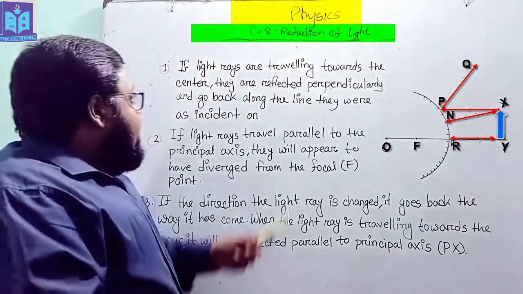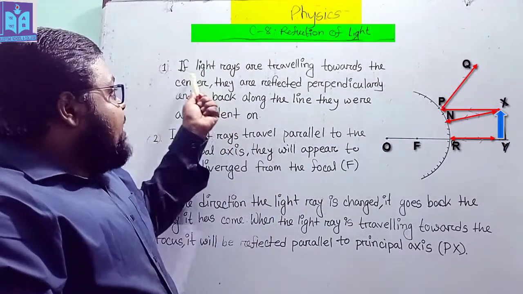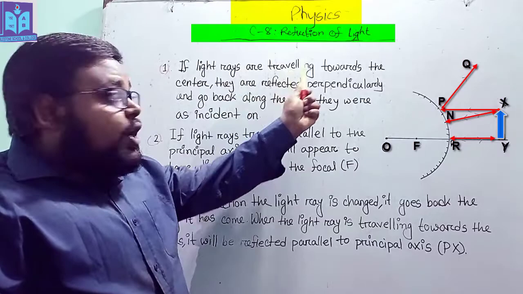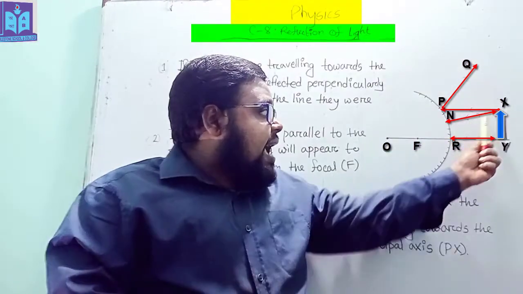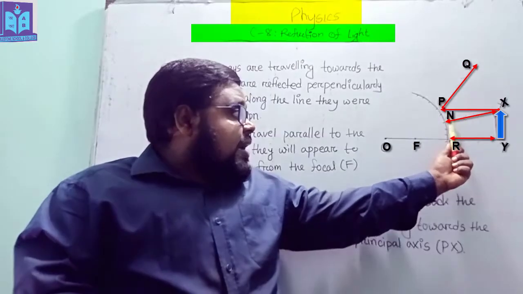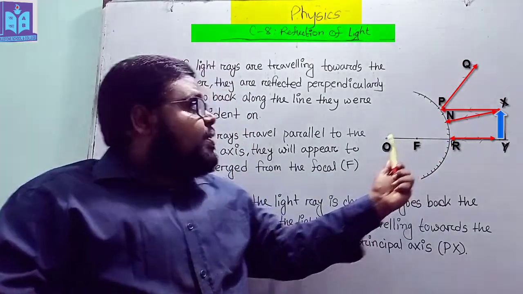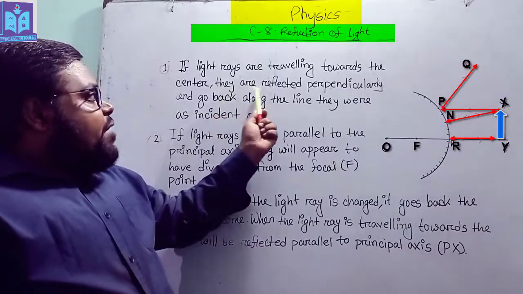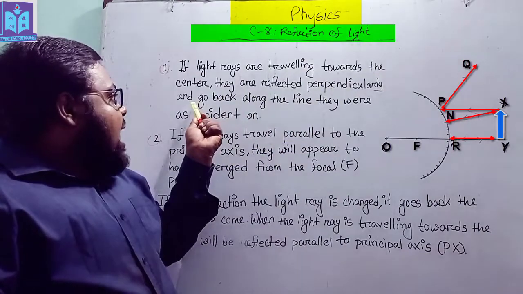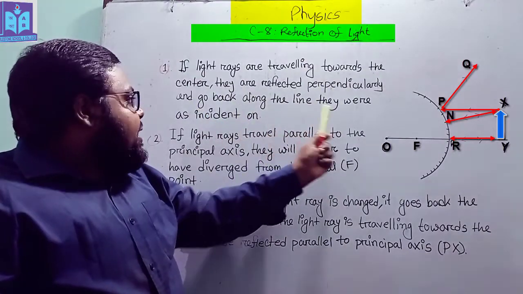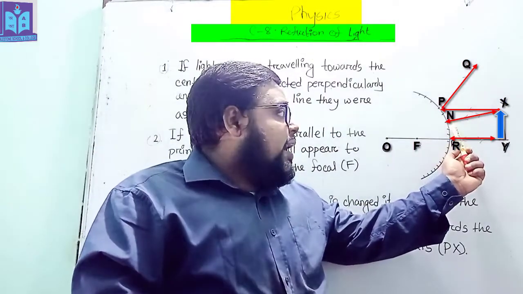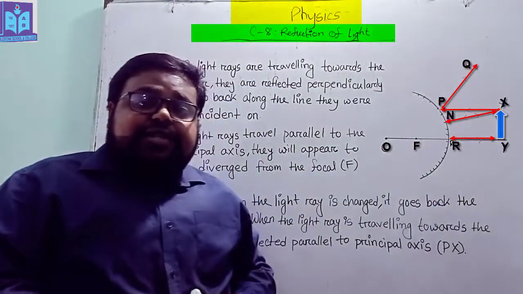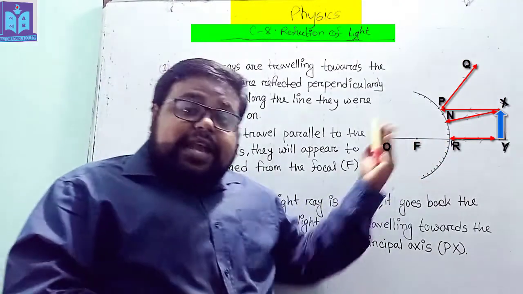Here the first one is, if the light rays are traveling towards the center, that means if the light rays extend, here you can see, traveling towards the center, then they are reflected perpendicularly and go back along the line they were incident. That means the reflected ray NX will return where it came from.